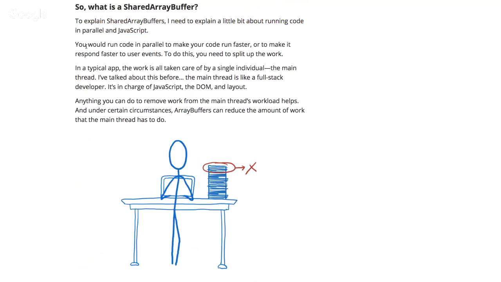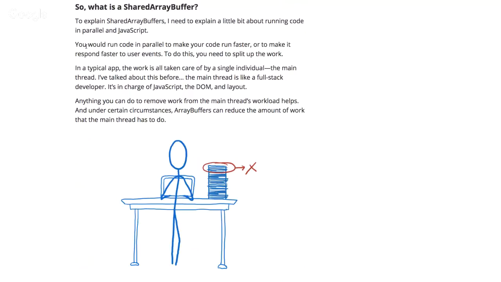You would run code in parallel to make your code run faster, or to make it respond faster to user events. A lot of machines have multiple cores nowadays, so you could run your code in parallel so that it will run faster.